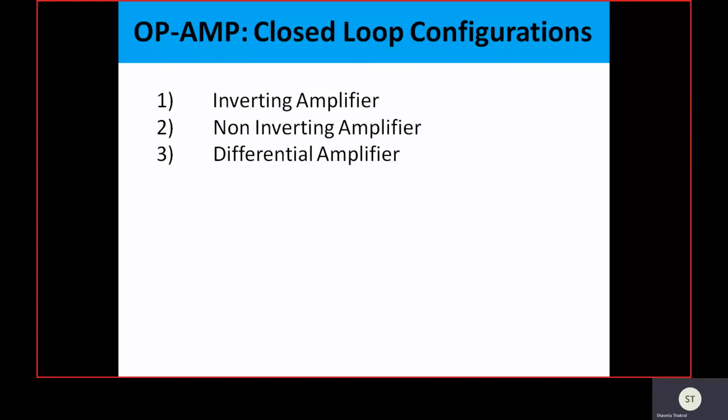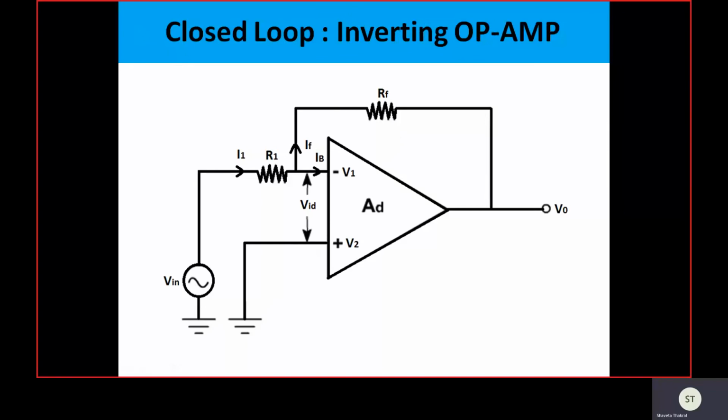In the closed loop configuration also, the operational amplifier can be operated under these three configurations: inverting amplifier, non-inverting amplifier, and the differential amplifier. So this is the closed loop operational amplifier operated as an inverting operational amplifier.